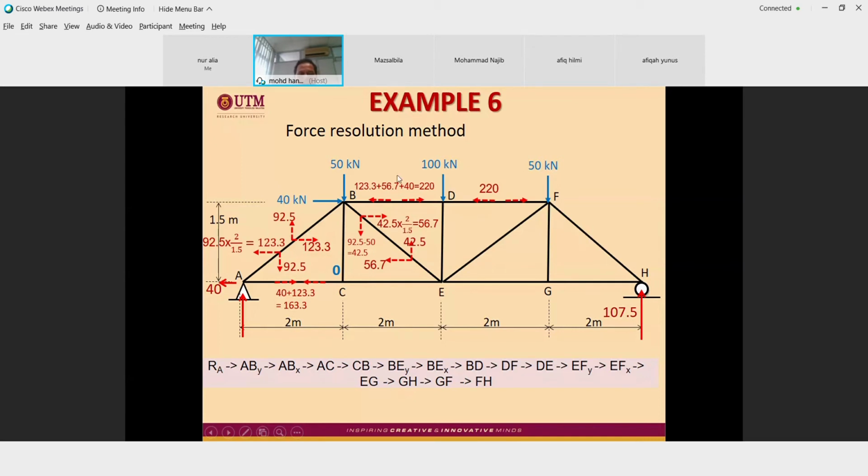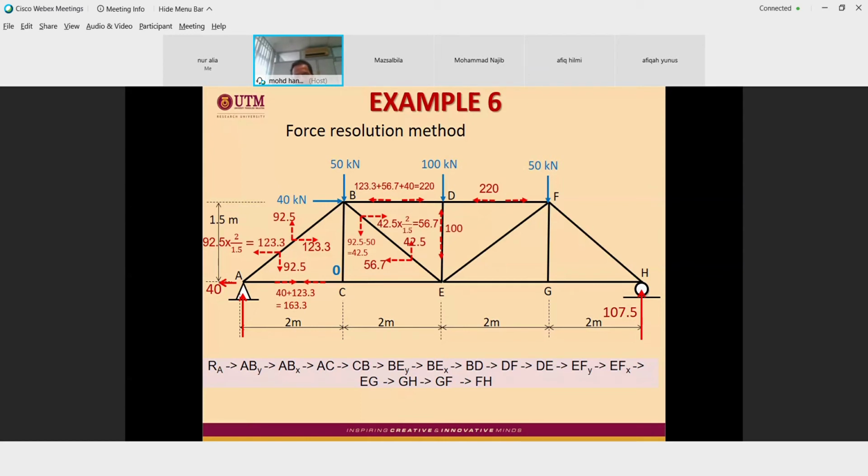When there are three members meeting at a joint and two members have the same force, then the other member should be equal, which is 100. And so on.